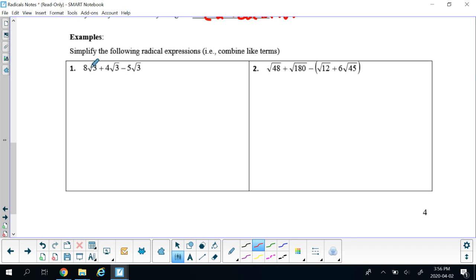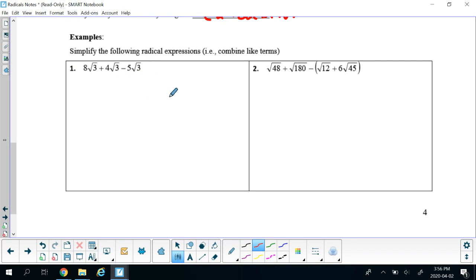The index for this radical is 2, and in the second term, the index is also 2. In the third term, the index is also 2. Second thing, you will check for radicand. Radicand here is 3. In the second term, also, the radicand is 3. And in the third term, also, the radicand is 3. It means that we can solve these terms.